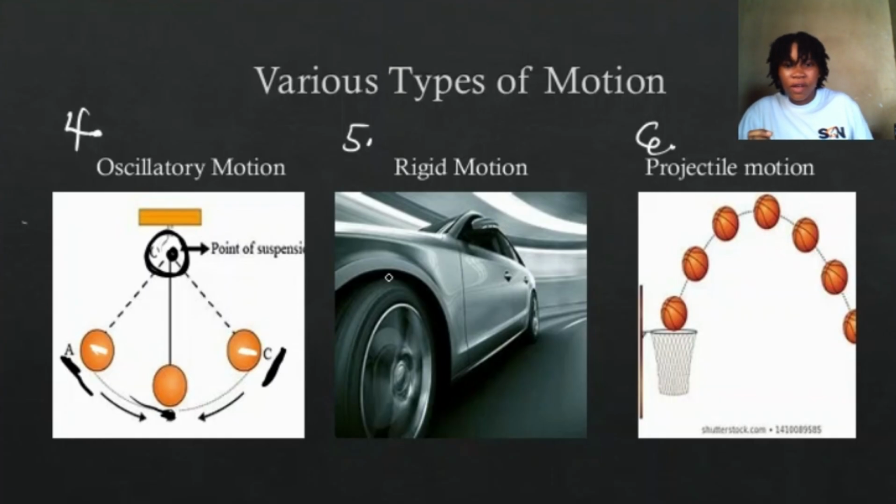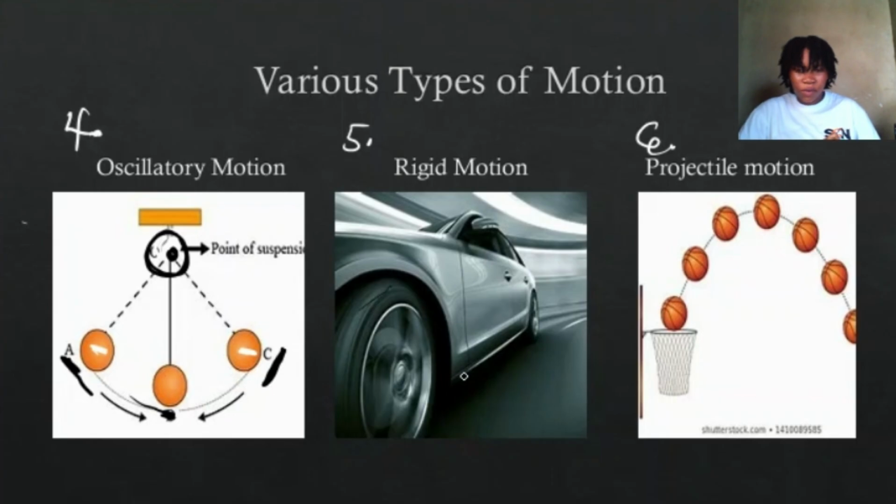We also have rigid motion. For rigid motion, it's like linear motion and rotational motion combined. And also in this type of motion, the body is not being deformed. So let's take the car tire.